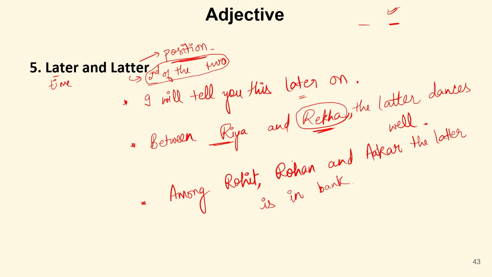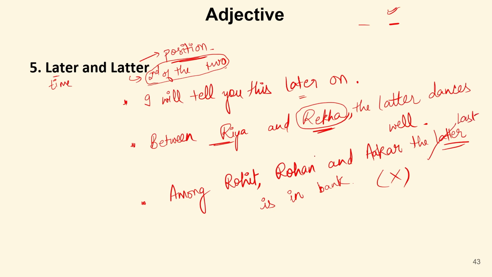Now, out of these three persons, I'm talking about one who is doing a job in the bank, or he's posted in the bank. Now, if we see these three persons, I said the latter. But I've already told you that latter is used only for two persons. It means the sentence is incorrect. To make it correct, we can replace this word latter with last.